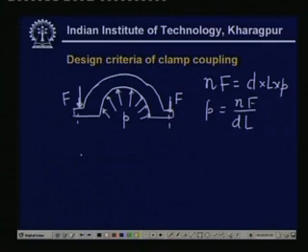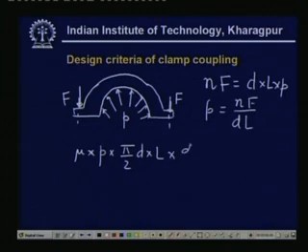So, the total frictional force will be equal to mu times P times the area, that will be equal to pi times d times L. This total force times d by 2 will be equal to the torque. Now, this is from one side.